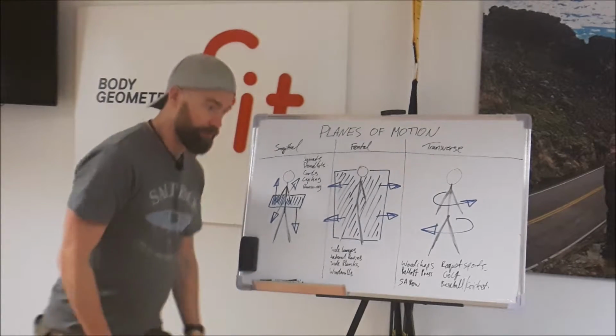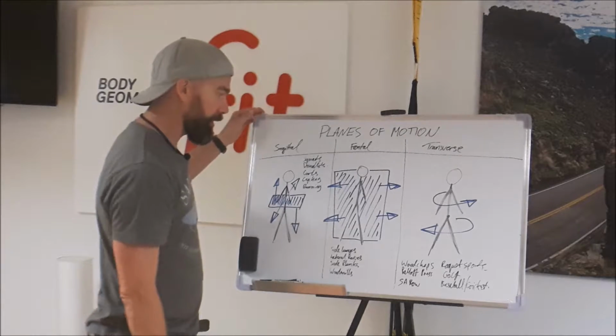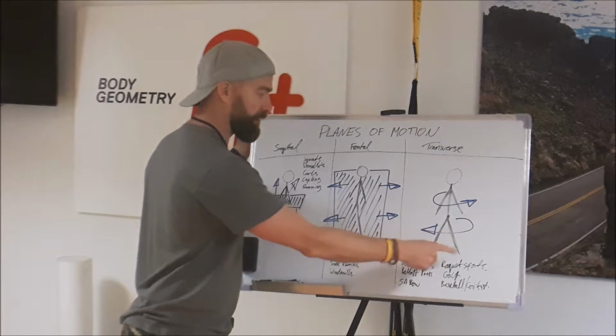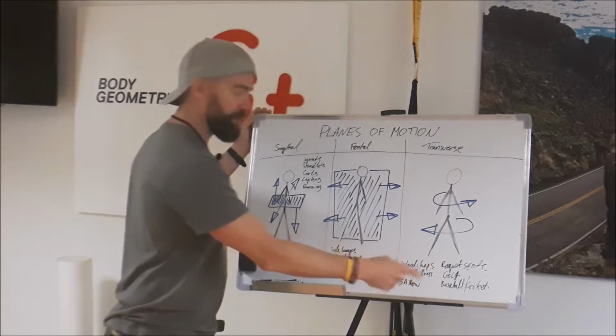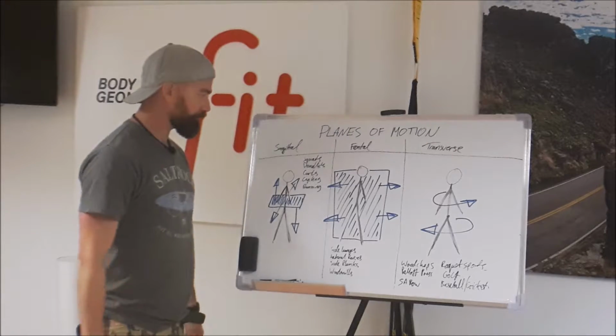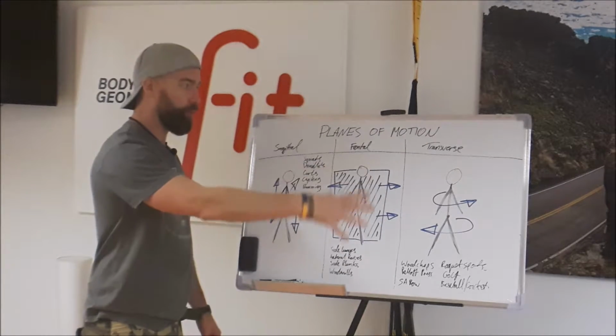Single arm rows, if you're kneeling on the bench doing a single arm row, there's an element of rotation involved in that. And then sports, mainly you're looking at racket sports, golf, baseball, cricket, swinging the bat, those kind of things.